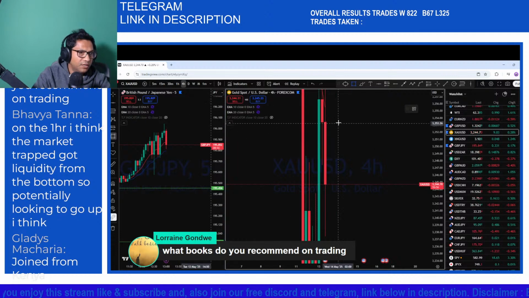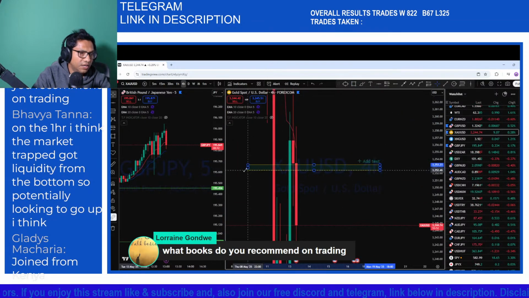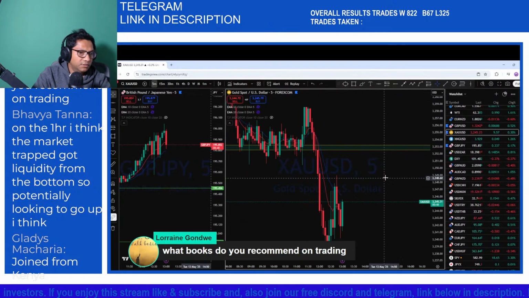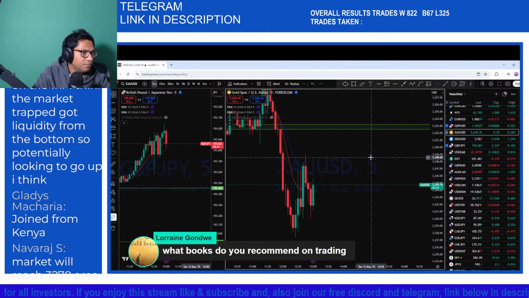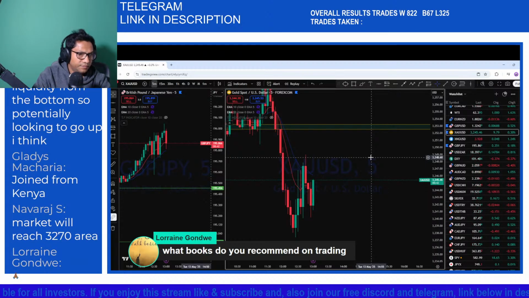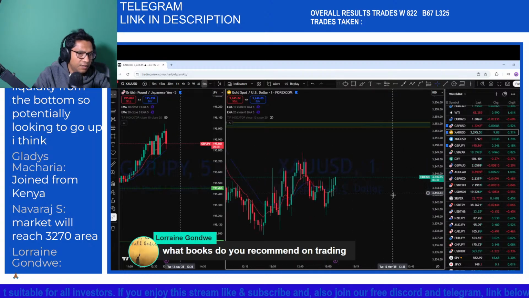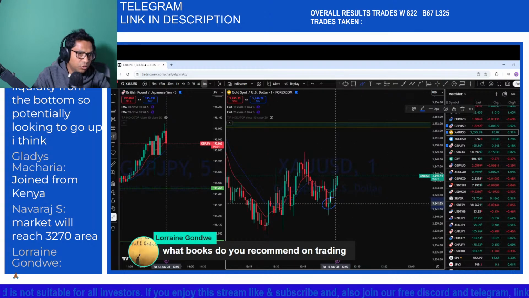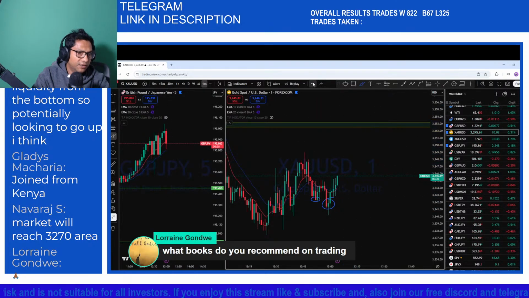This is a resistance line, and this is the 5-minute price action that is closing. The way it is heading, there is an inverted head and shoulders, so there is a possibility of pushing back to the upside.